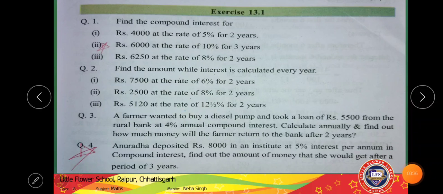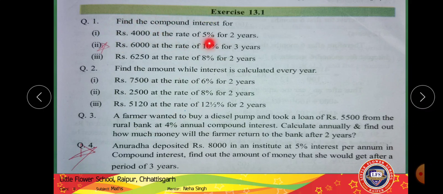So the first question, exercise 13.1: find the compound interest for, first, rupees 4,000 at the rate of 5% for 2 years. See, whatever is given in rupees is called principal, right? Principal is always given in rupees, or it is the amount on which the interest has to be calculated, right?